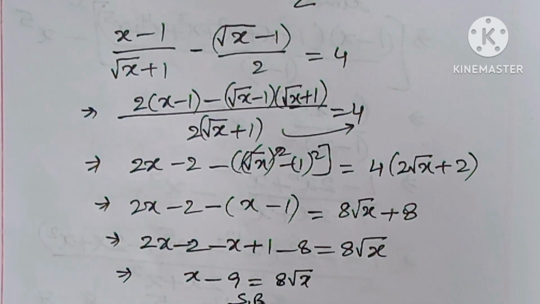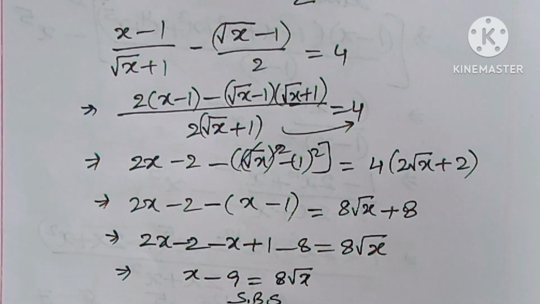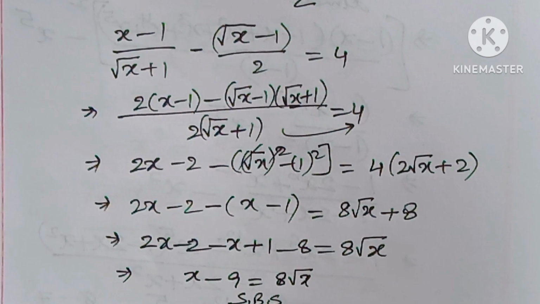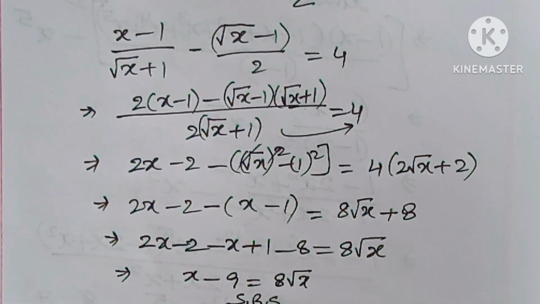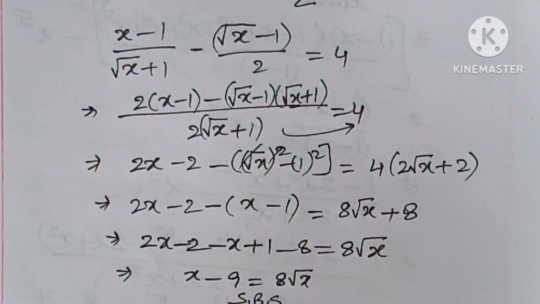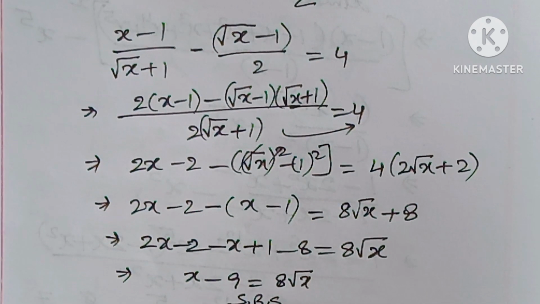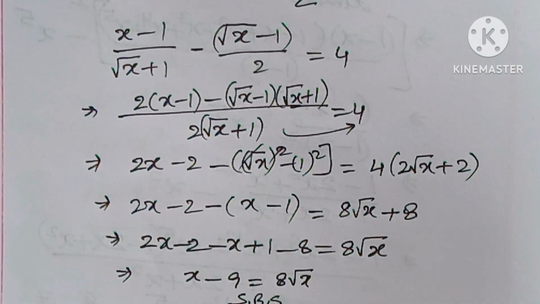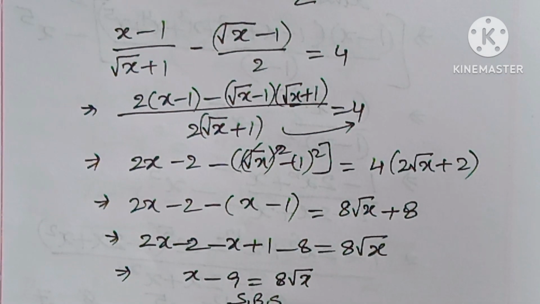Squaring on both sides, (x − 9)² equal to (8√x)². x² − 18x + 81 is equal to 64x.